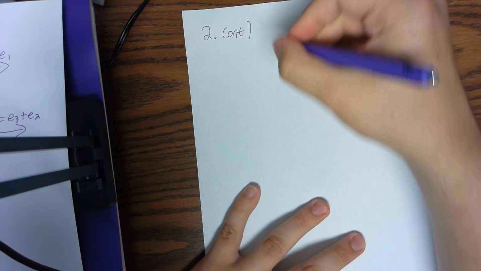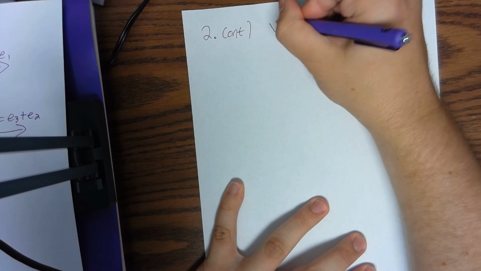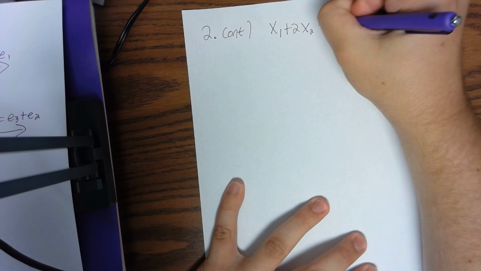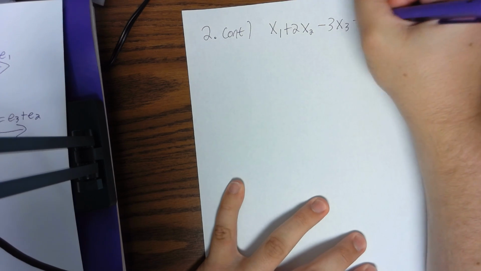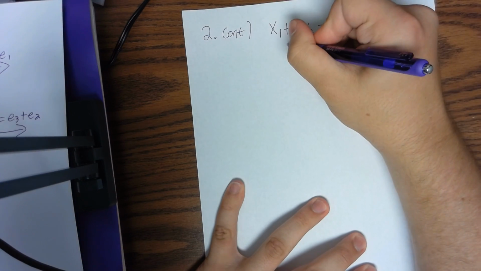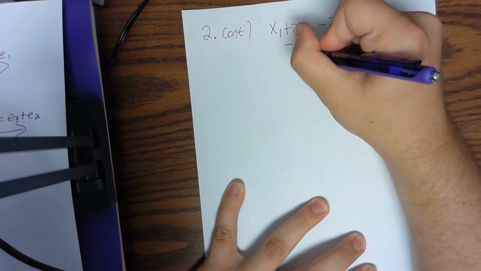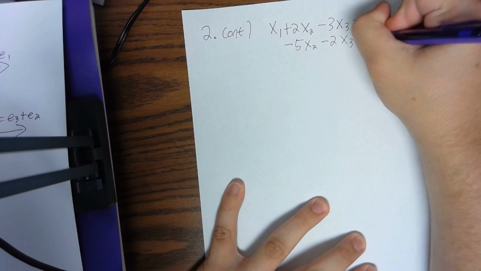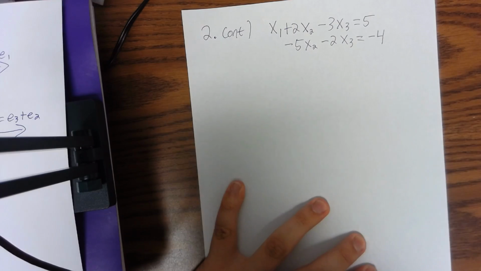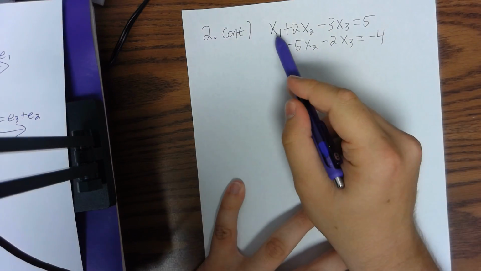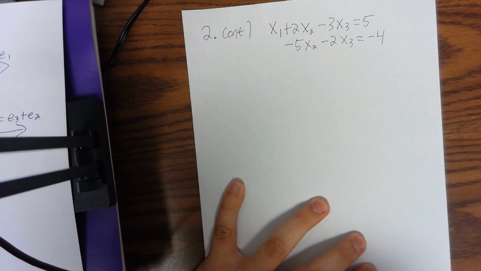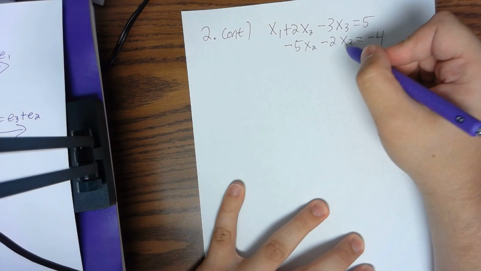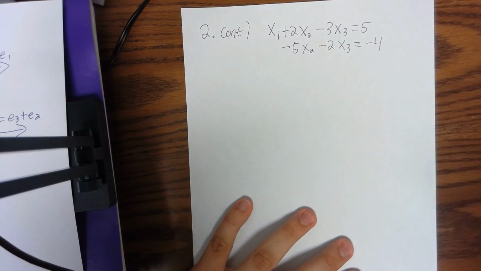We have the following two equations that we're working with: x1 plus 2x2 minus 3x3 is equal to 5, and negative 5x2 minus 2x3 is equal to negative 4. So we're going to solve for x1 and x2 in terms of x3. This x3 here is what's known as a free variable. Basically, we let it vary.